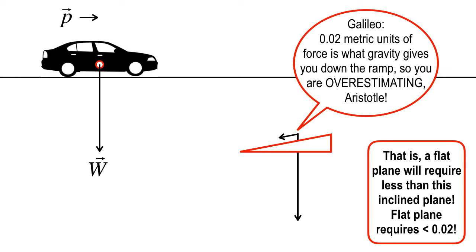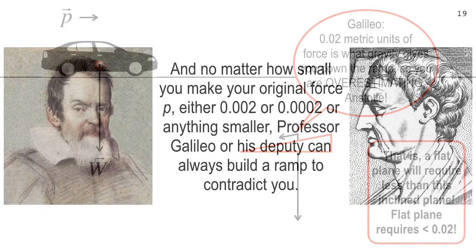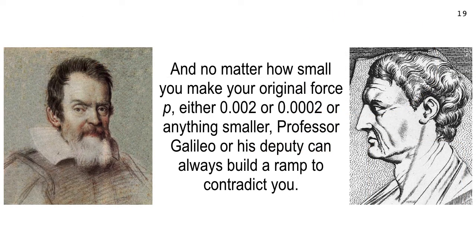So even if I say, Galileo, yeah, okay, so it's not going to be 0.02. Maybe we should make it smaller. So Galileo thinks, okay, well, it is a car, so let me change my view to 0.002.